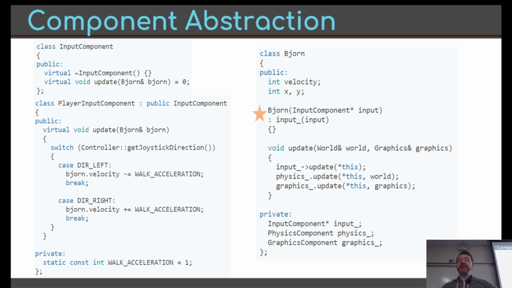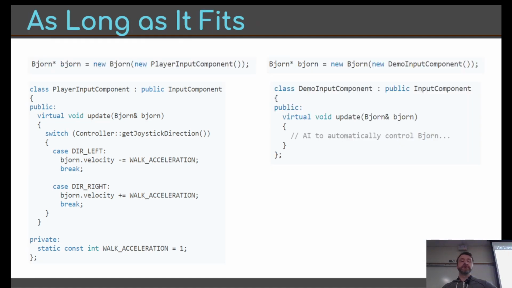So this is the key here. Once we do this for physics and graphics components, our Bjorn is a little different. We can now have Bjorn be defined as a set of components that gets sent into it. And each one of these components can, as long as they adhere to the component contract, be swapped in and out.